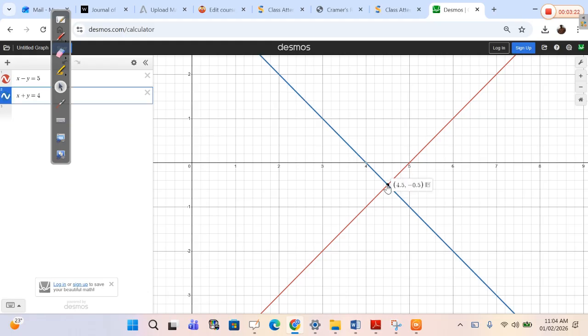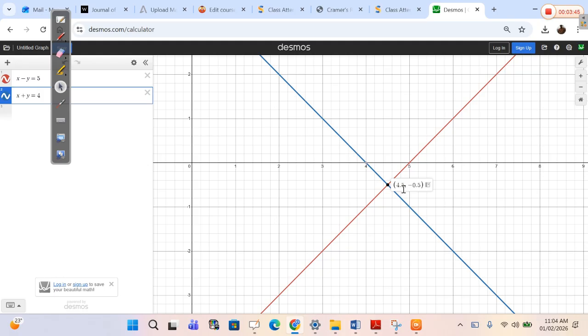Both the equations are meeting at one point. When they meet at one point, that point we call the solution for this equation. Can you understand? Why do you want to find that x and y? That x and y says at which point these two lines intersect.